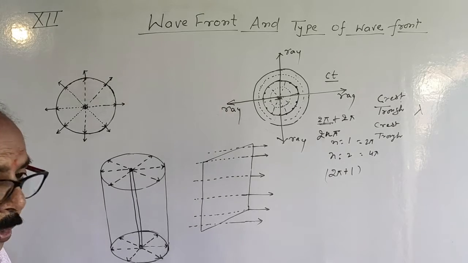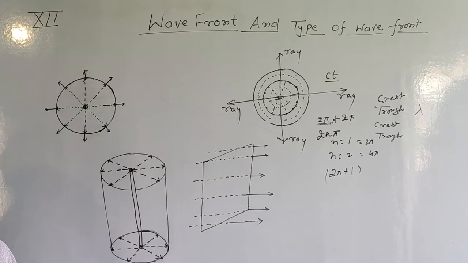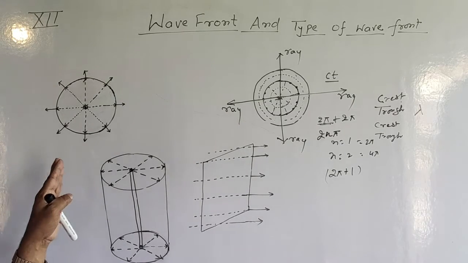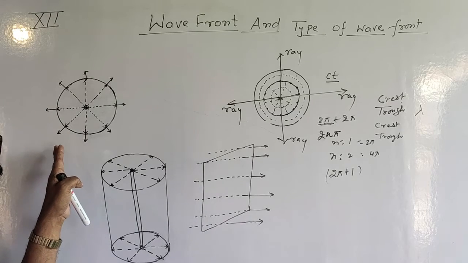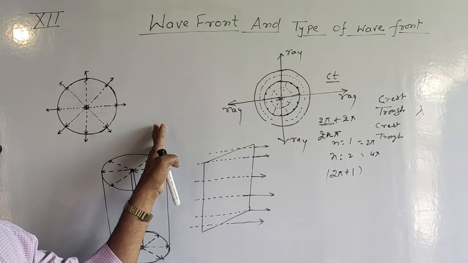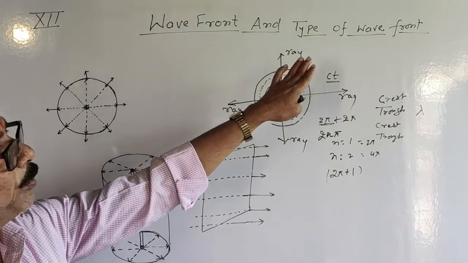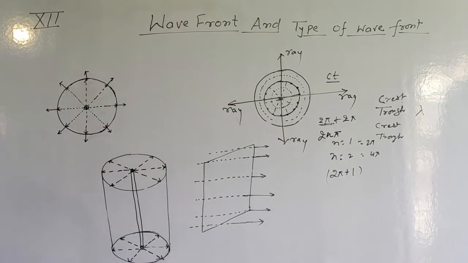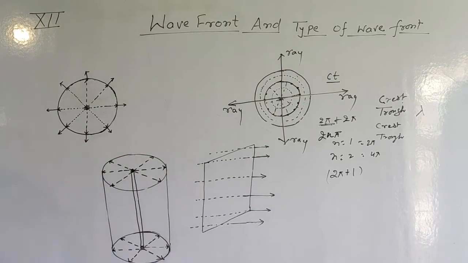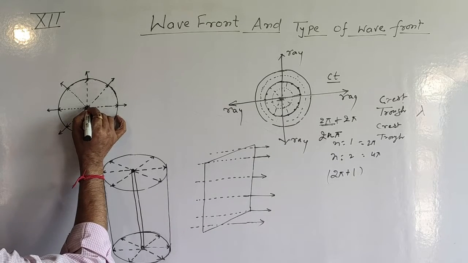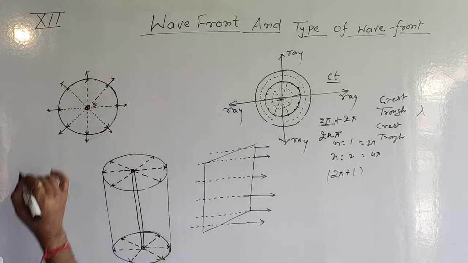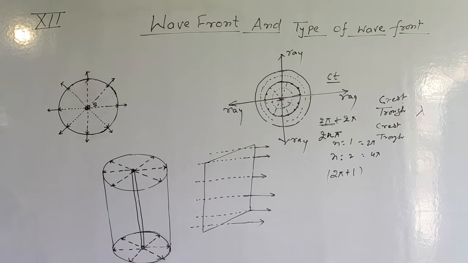The type of the wavefront depends on the shape of the source of disturbance. Suppose this is a point source S, which throws out the wave in all possible directions.